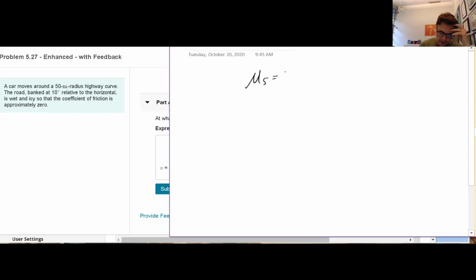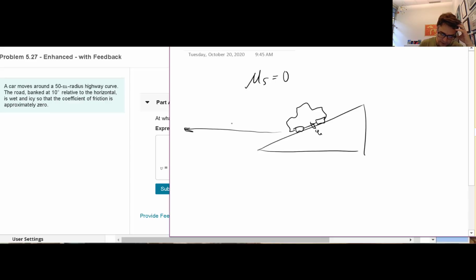Here's mu sub s equals 0, and you've got a curve here. This is like the back of the car, going into the page here, and so over here is the plus r direction.